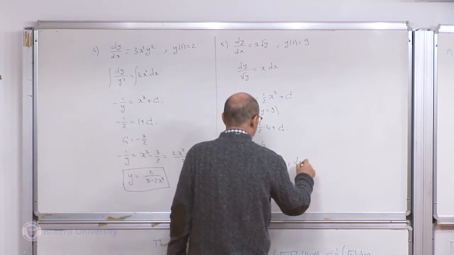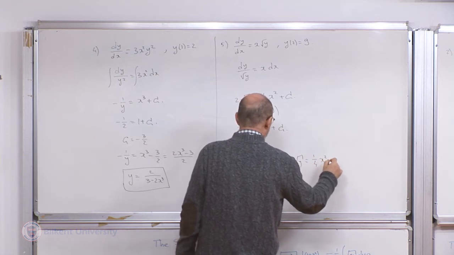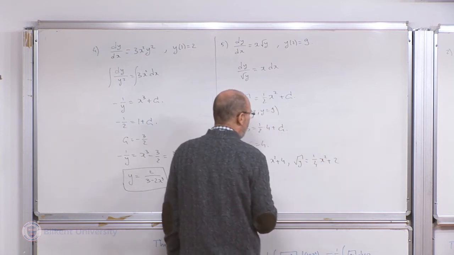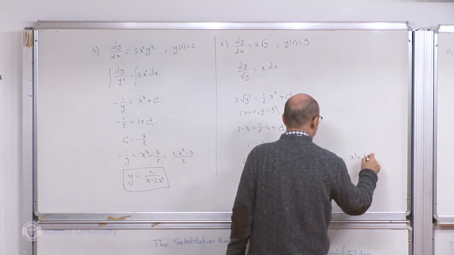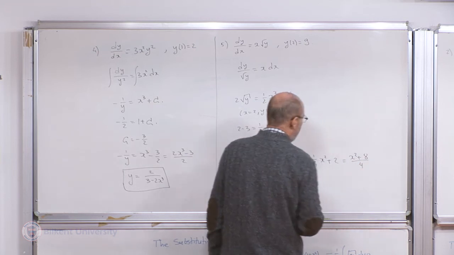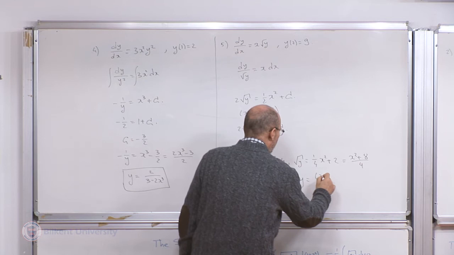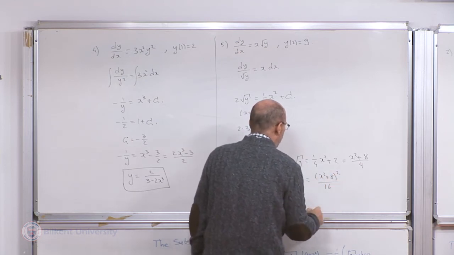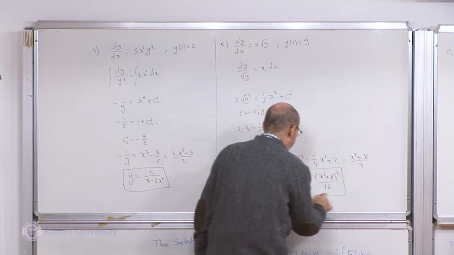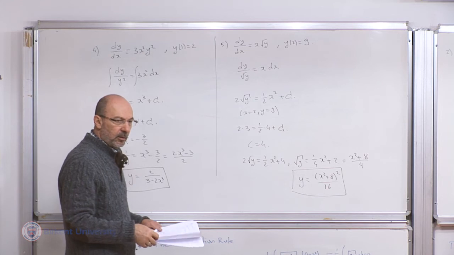Square root y is equal to 1 over 4 x squared plus 2. Okay, so maybe if I write this like this, it's a matter of taste. So y is going to be the square of this, (x squared plus 8) squared over 16.